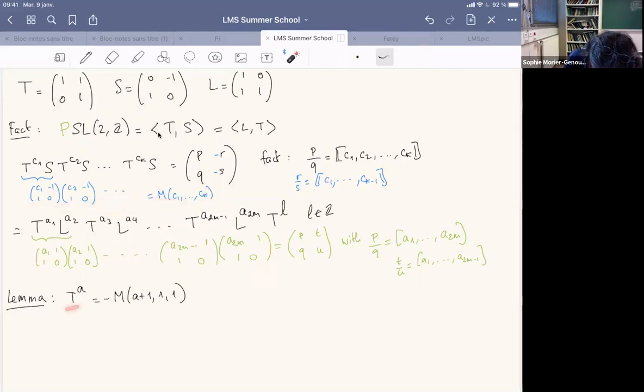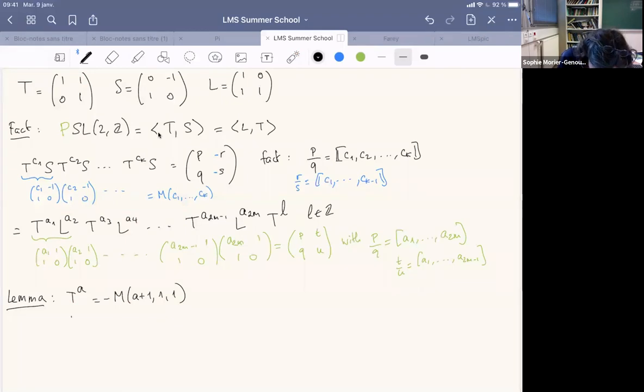You check this just by computing the matrix T to the A with an A here. It's a product of 3 elementary matrices that you multiply, and you just have to check that you get T to the A. So it's just an immediate check.